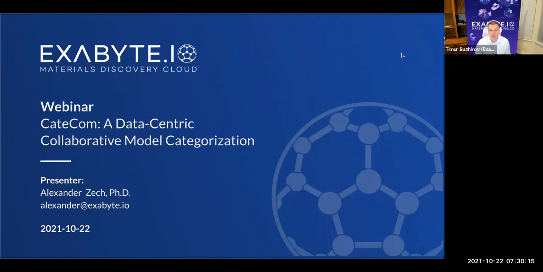Today we're switching gears a little bit, and we're starting to talk about data science and how we can organize the data that we produce inside the platform using modeling and simulations to make the transition to data-driven science, to the science that can help us through artificial intelligence and machine learning.